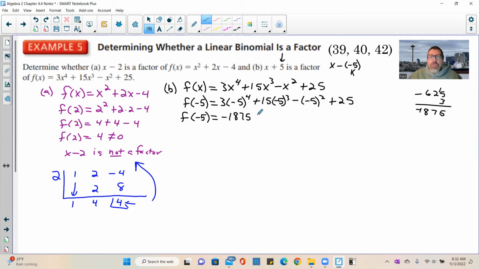Now I'm doing this to show you something. 5 cubed is 125, negative 125 times 15 is negative 1,875 again.